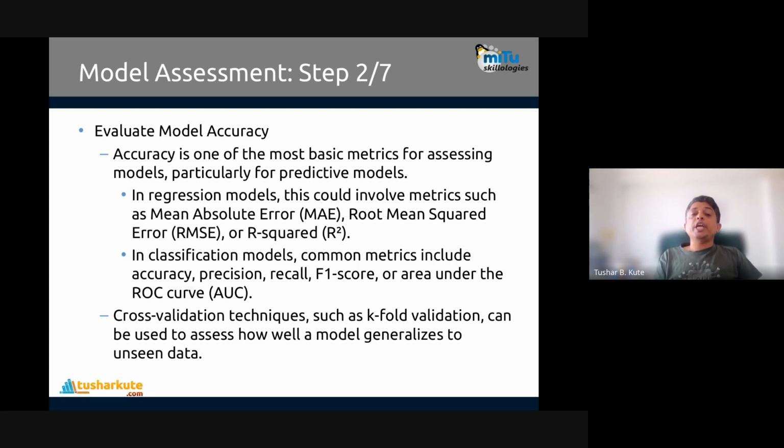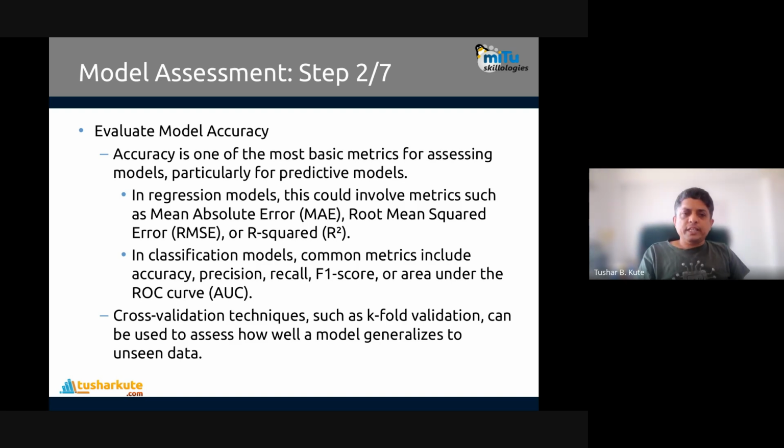Or ROC AUC curve, area under the curve. ROC means receiver operating characteristics. The curve can be shown, and how much area is under the curve will define the accuracy of the respective predictive probabilistic model.